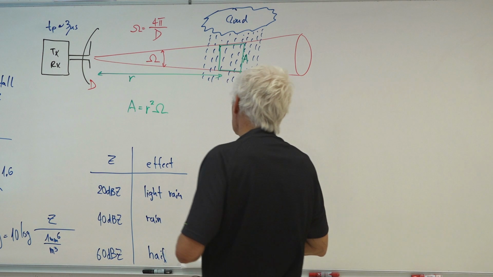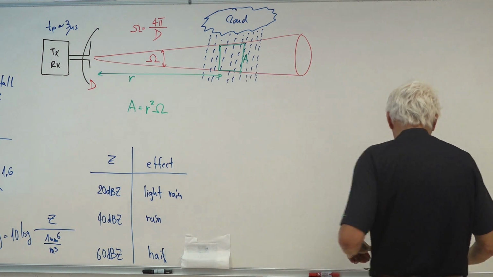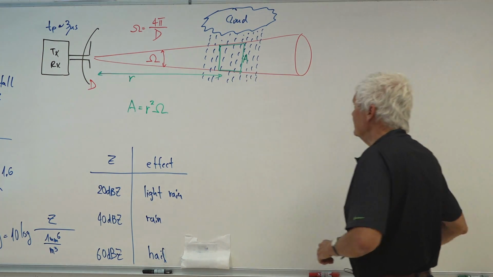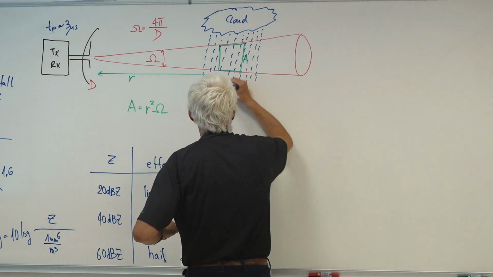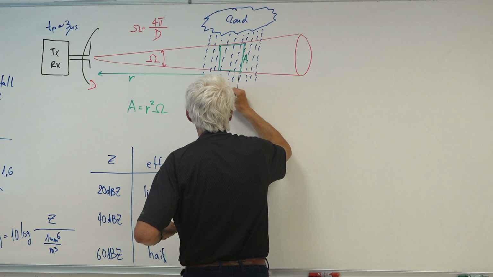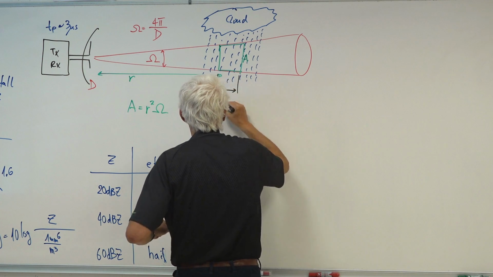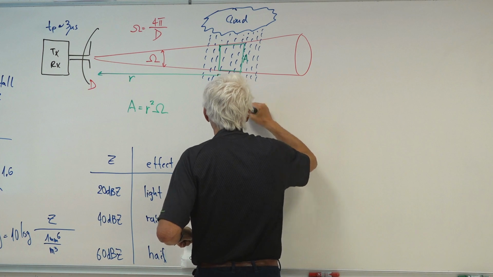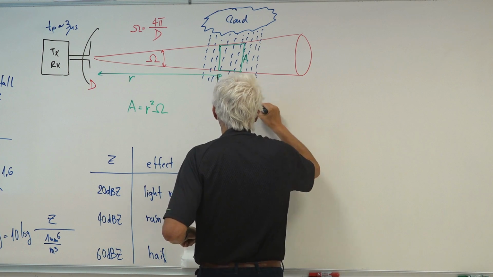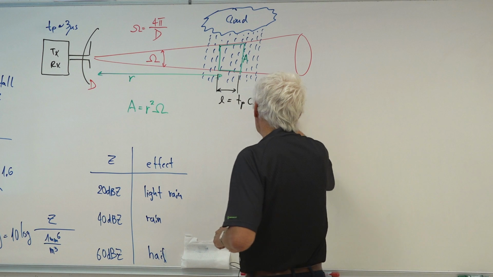That's the cross-section. And what is the length? This distance L depends on my pulse. L is equal to the time of the pulse multiplied by the speed of light divided by 2.